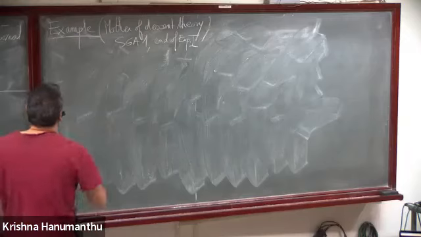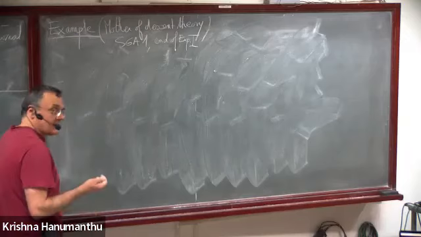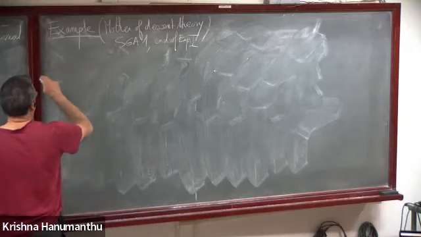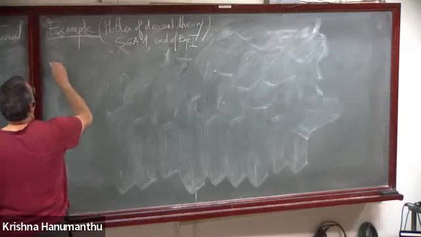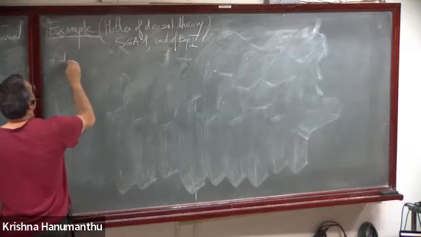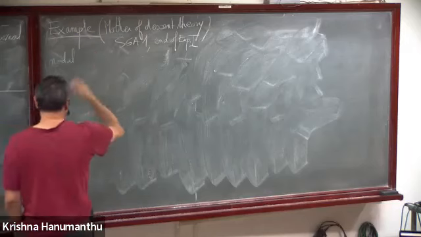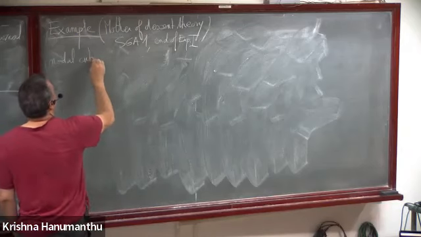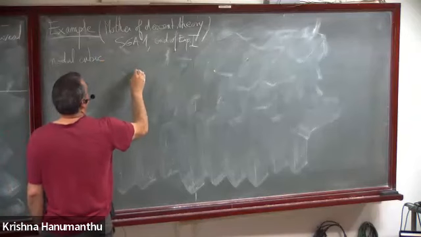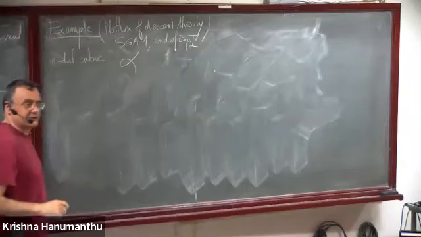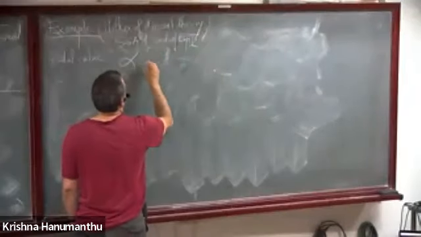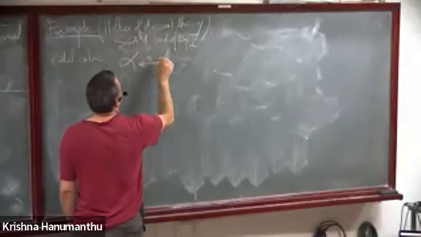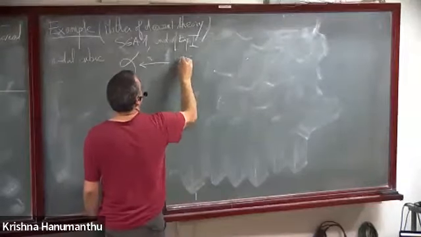And so the example is, consider a nodal cubic. That is, well, like this, which has a double point, and so the normalization is just A1.